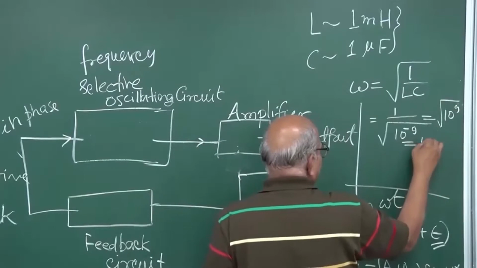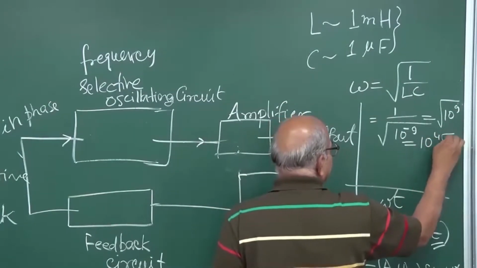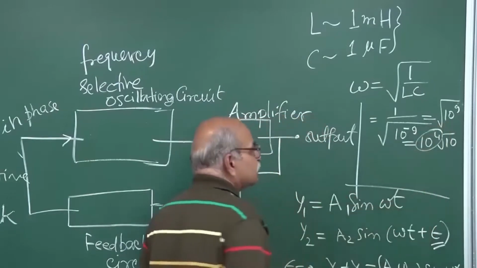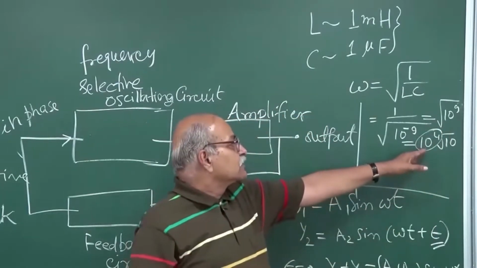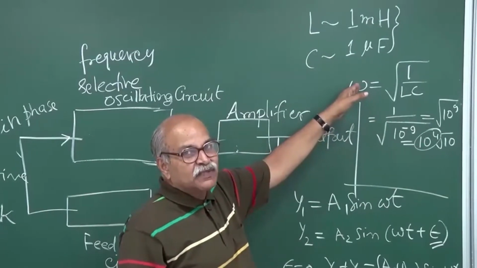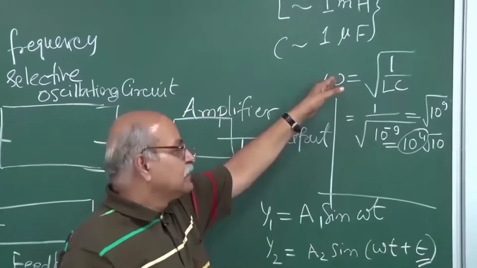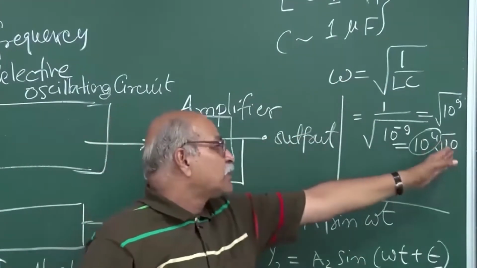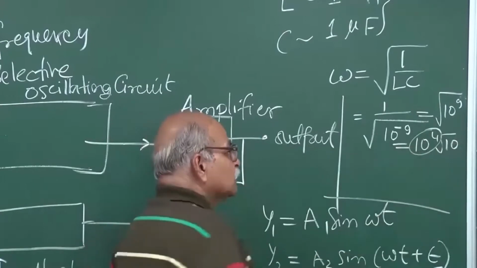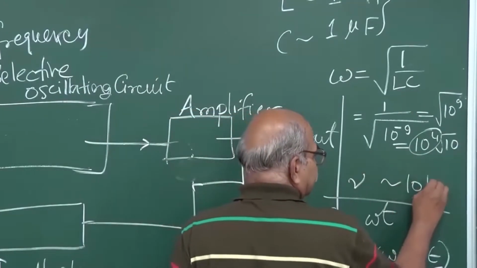So it is 10 to the power 4 multiplied by the square root of 10. So this itself is 10 kilohertz. This omega, of course, if you want frequency, you have to convert it by the 2 pi factor, you divide by 2 pi. So that probably will be of this order. So your frequency is around 10 kilohertz.